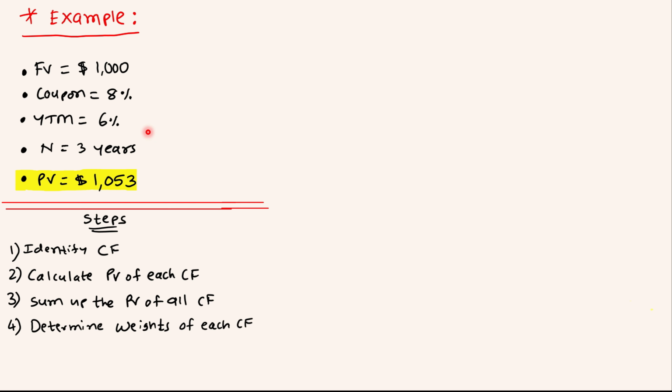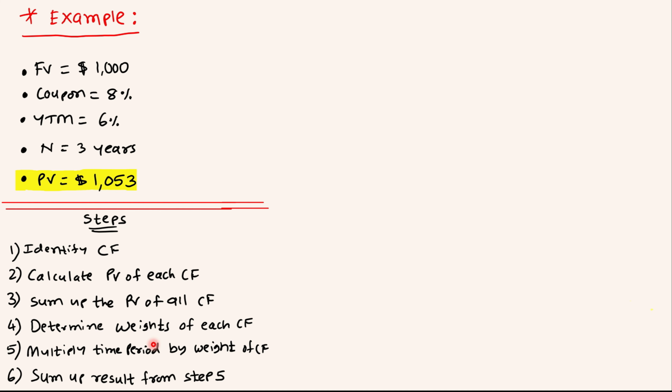You determine the weights of each cash flow. So in an example where you receive $80 in year 1, you find the present value and divide by 1,053. And then you multiply the time period by the weights. The time periods will be year 1, year 2, and year 3, by the respective weights. And then in the end, sum it up, step number 5.